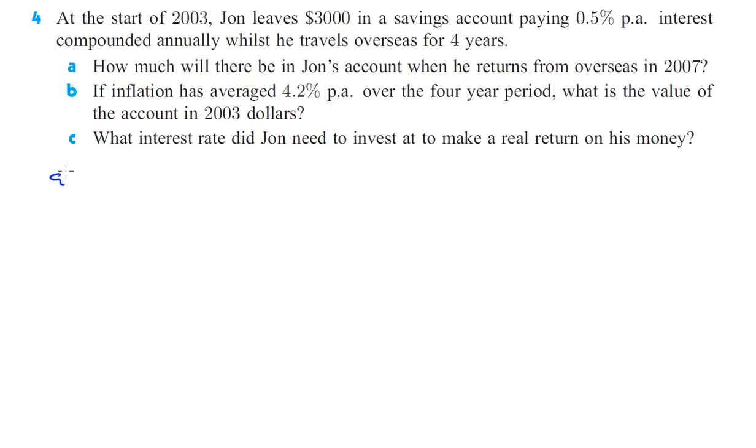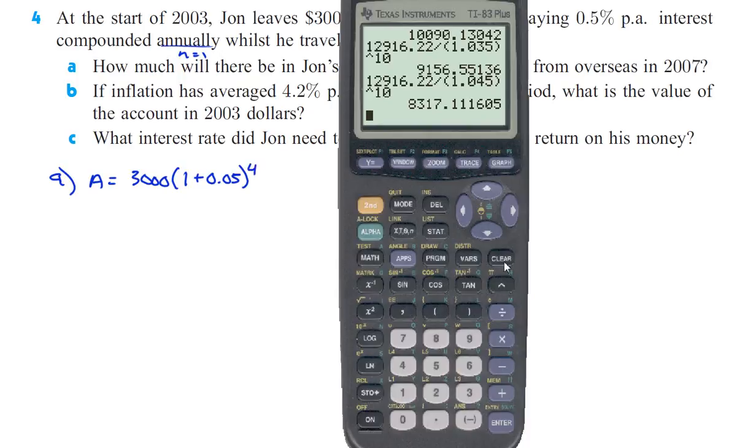Anyway, let's see. We've got the amount is going to be $3,000 times 1 plus, compounded annually, so n is going to equal 1 here. So 1 plus 0.05, and then for 4 years, so we're going to have the 4th power here.